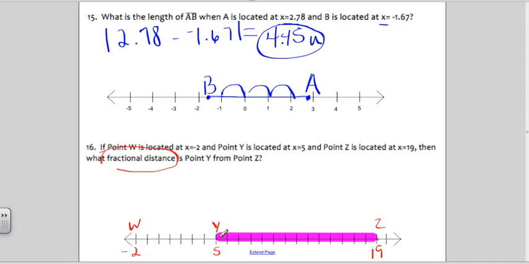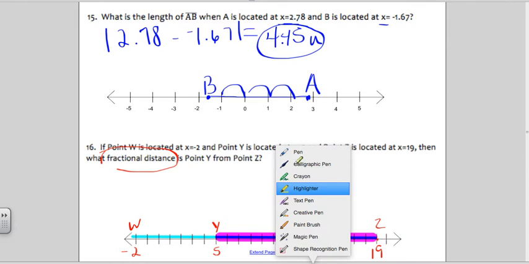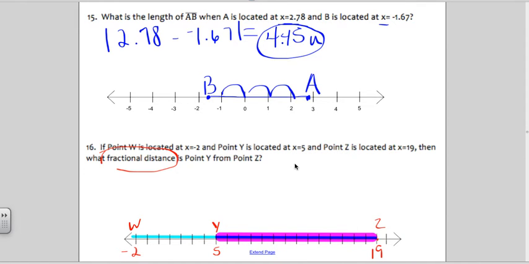So I'm going to try and find the entire length first. Well, the entire length would run all the way from W to Z. Well, how can you find WZ? Well, what is the distance between negative 2 and positive 19? Well, that distance should be 21 units.